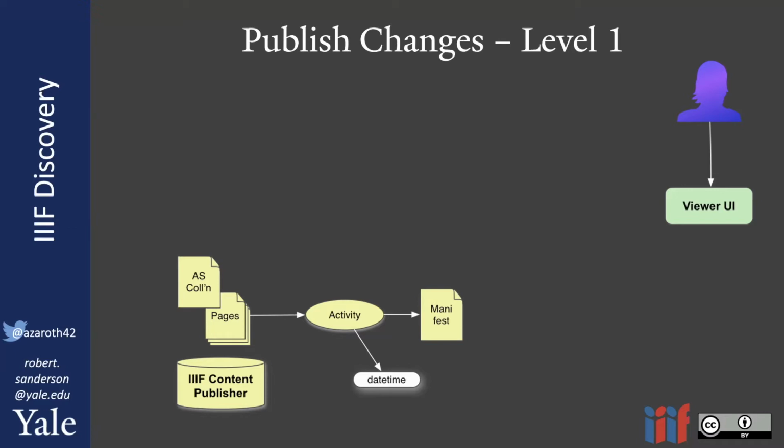So the most recent thing to happen is the last entry in all of the pages, which means that, as we'll get to in a second, crawlers can use that in order to find activities that they haven't already seen.